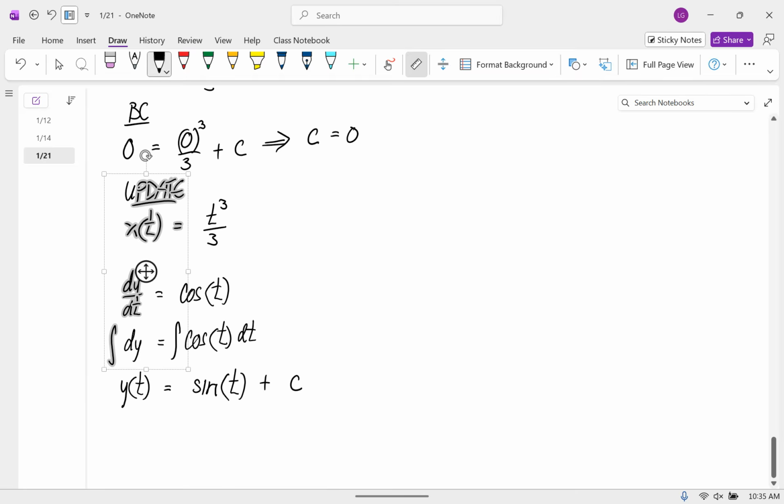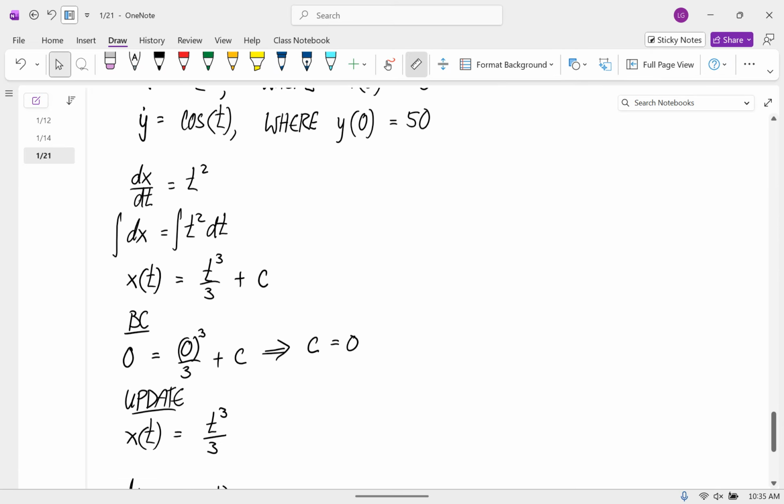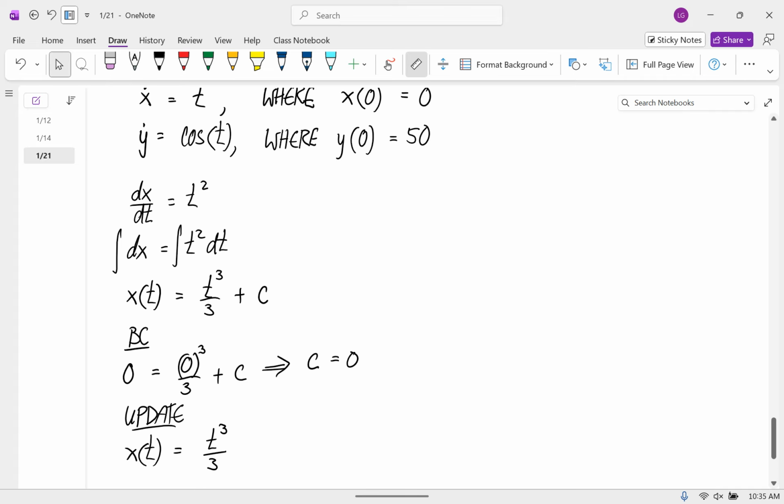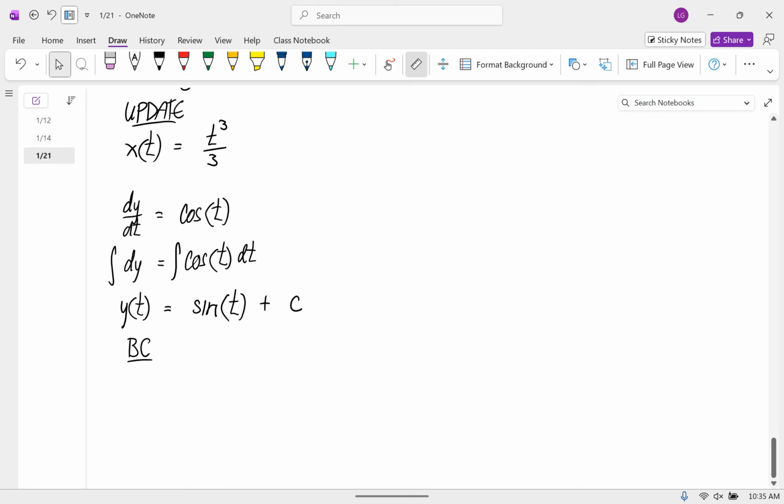And so now we'll use the boundary condition. We have that when time is equal to 0, y is equal to 50. So set y equal to 50, set time equal to 0.